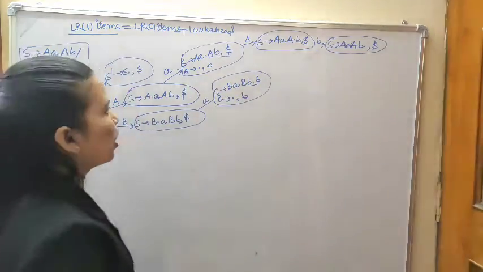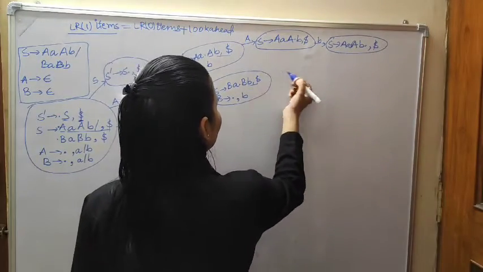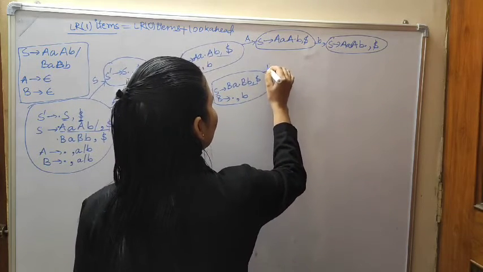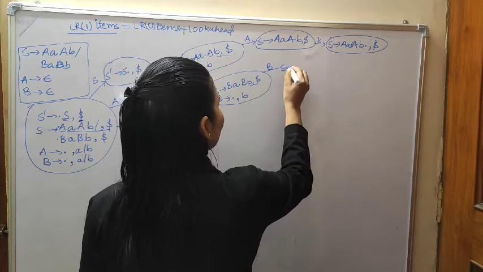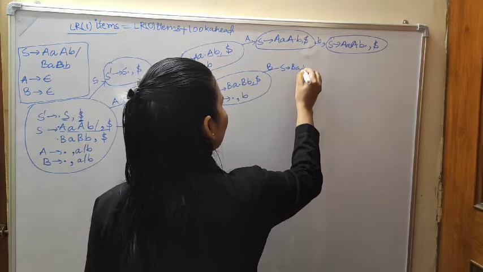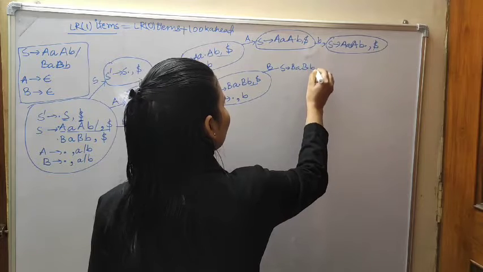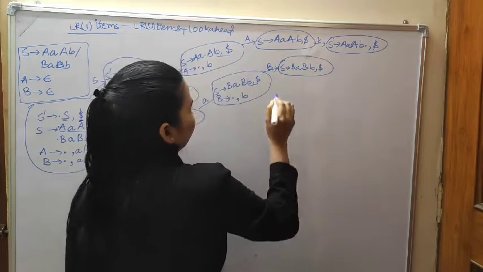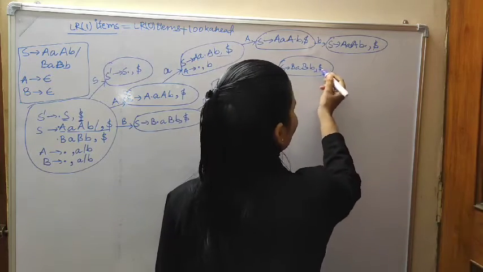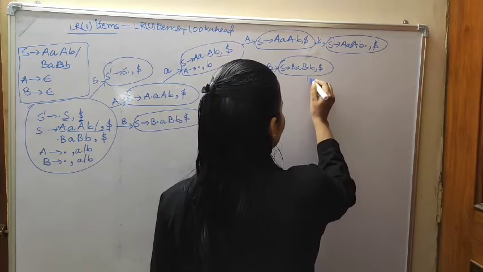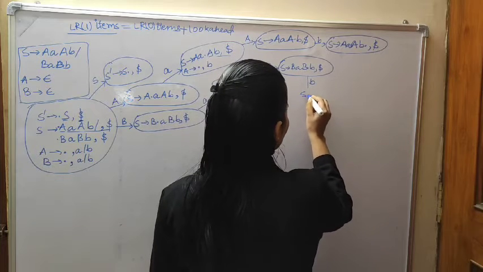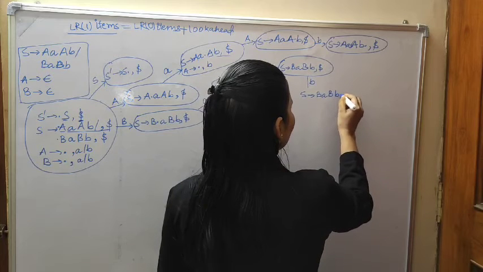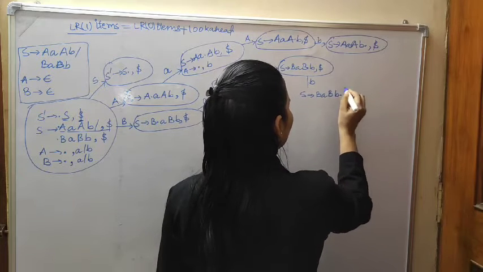Okay, now check it here. So now we will shift it to B. S2 B dot B and then dollar. Now next for B, S2 B A B B dot and dollar.